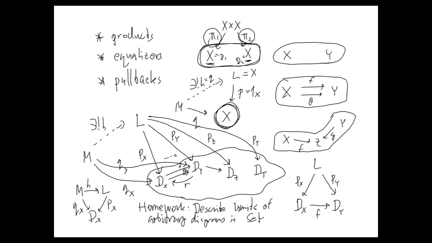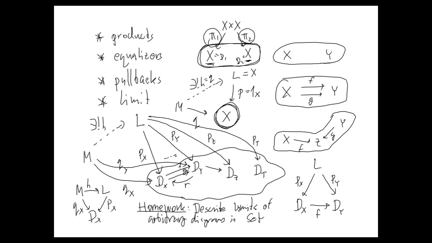We described what products are, what equalizers are, what pullbacks are, but in fact, even for an arbitrary diagram, we can describe what its limit will be. All of these notions, well, first of all, let me remark that this general notion of a limit is indeed general, so it includes all the other three special cases.